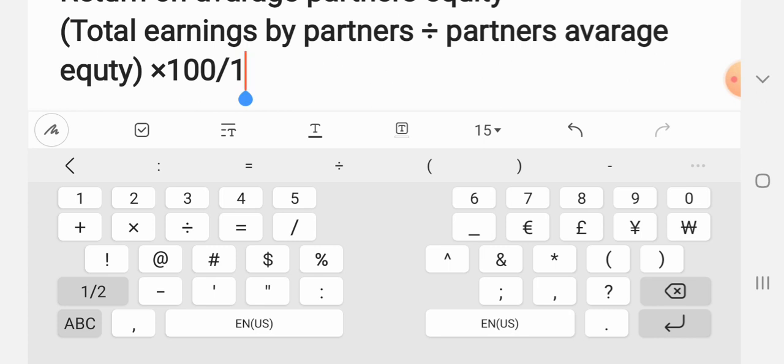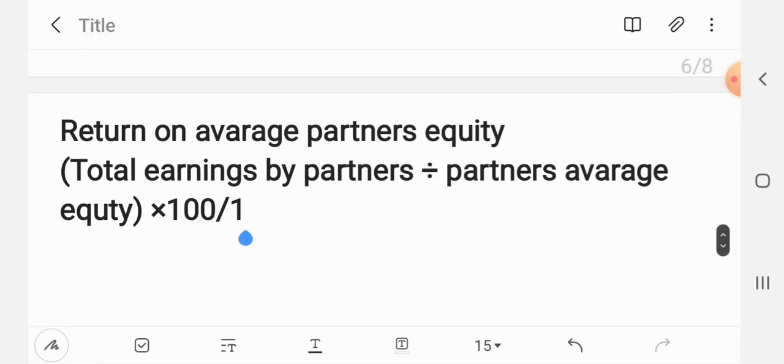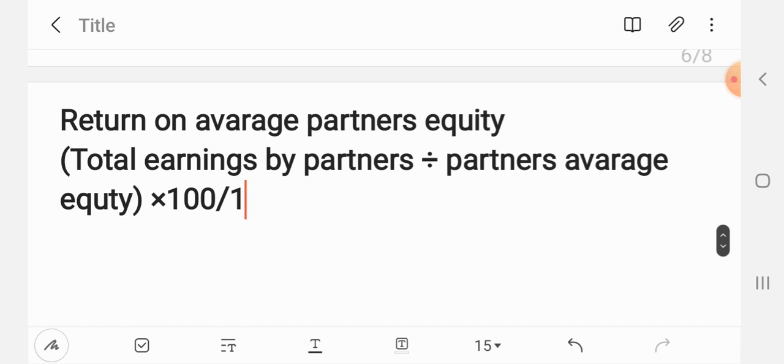You write the way it was written on the formula sheet. Here I can't write that division line. So for average partners equity, you take equity for last year plus equity for this year and divide it by 2. So that is how you get average equity.